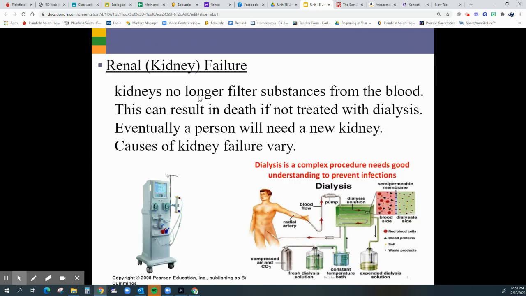The last thing here, real quickly, is renal failure, or kidney failure. This is where the kidneys no longer filter that substance for us. These people have to go on what they refer to as dialysis treatment. If they don't do that, then all of those byproducts that we know shouldn't be in blood end up in the blood, and they cause damage to our system.